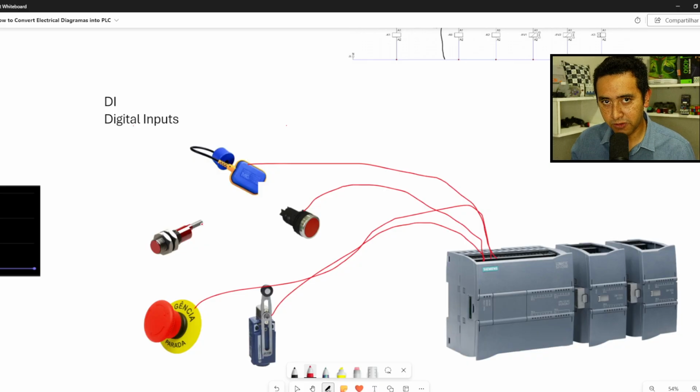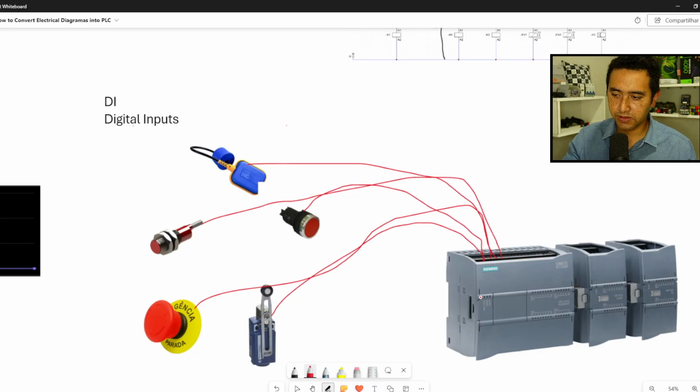In the next video, we will talk about how exactly to wire a digital input. But in the S7-1200 here, this part here and below, the upper side of the PLC, is the place where we wire our digital inputs.